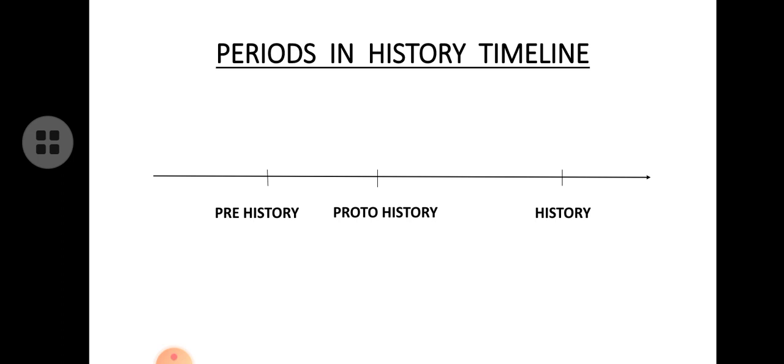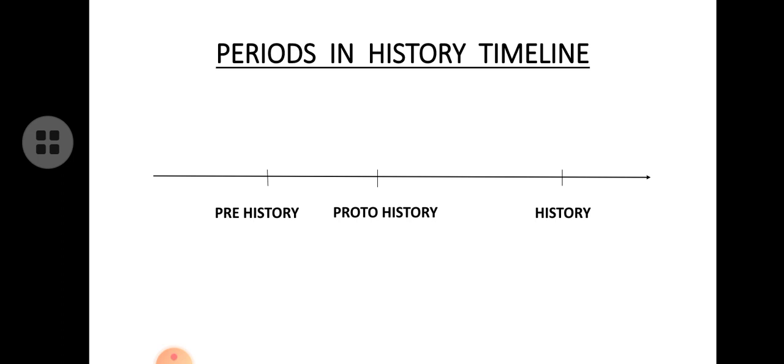So this period, with no culture, no civilization, no proper law, rules and regulations, we call the prehistoric period. The timeline of this period is approximately from 30,000 BC to 1000 BC.